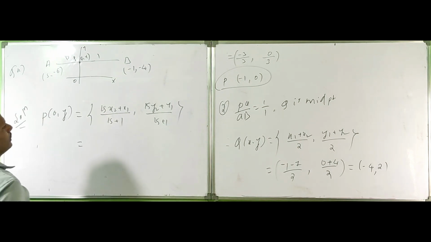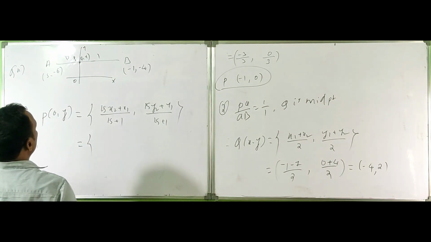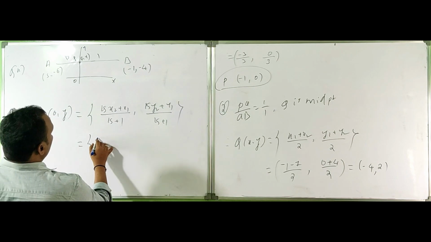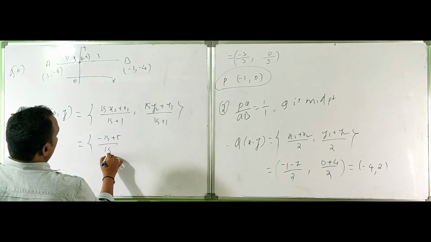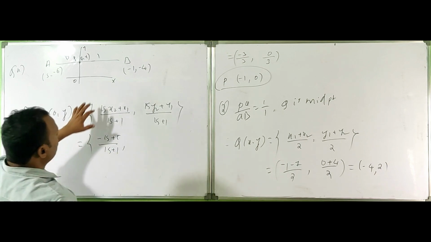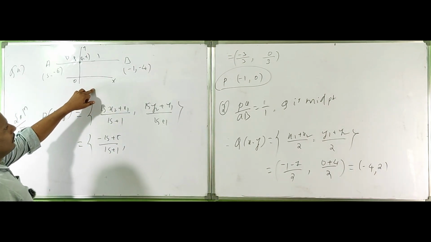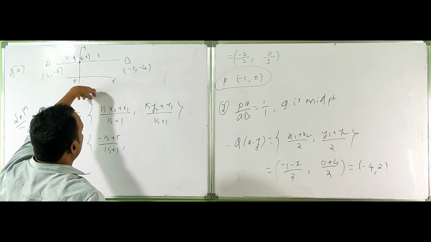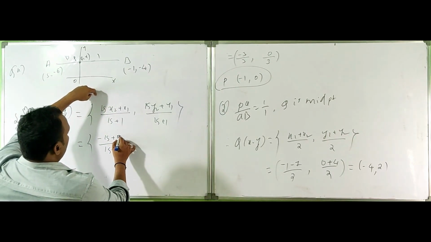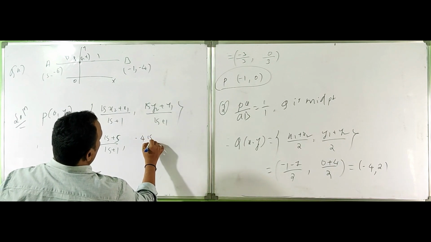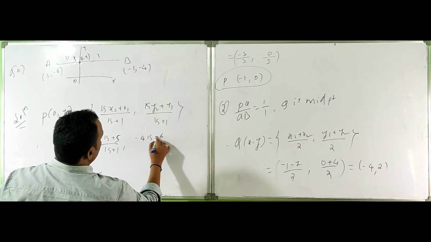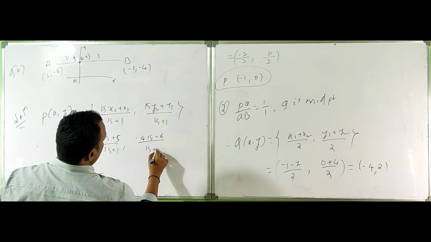Here x2 is minus 1, so the x-coordinate is (minus k plus 5) by (k plus 1), and y2 is minus 4, so the y-coordinate is (minus 4k plus y1, minus 6) divided by (k plus 1).